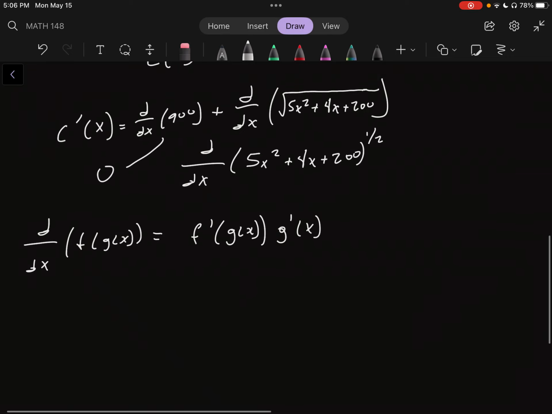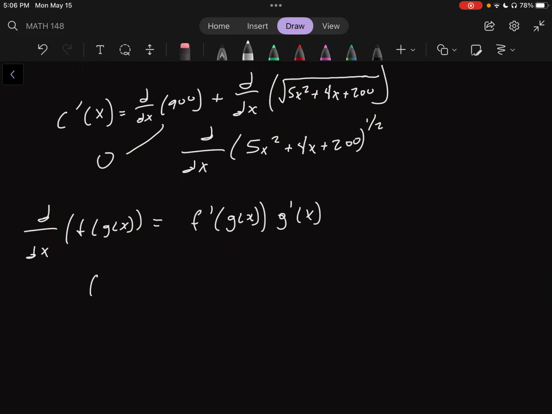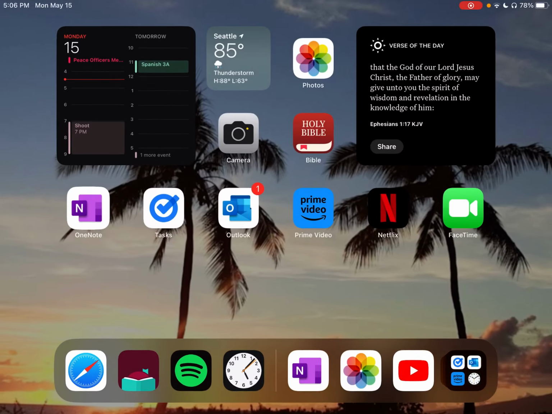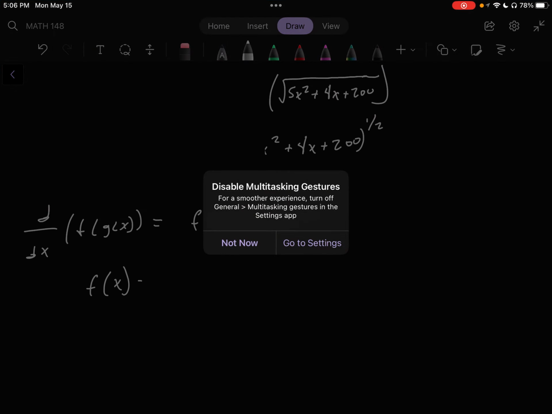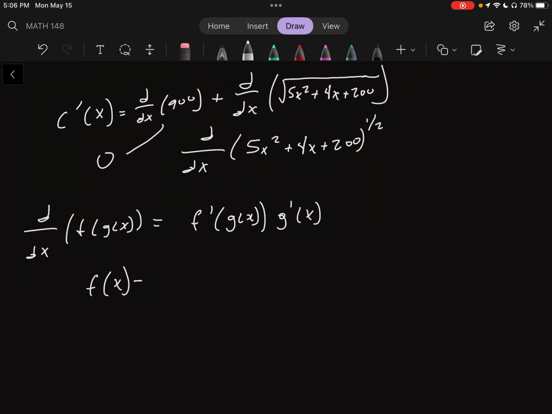And for this case, f of x is equal to, we can just use another variable z to the half power.